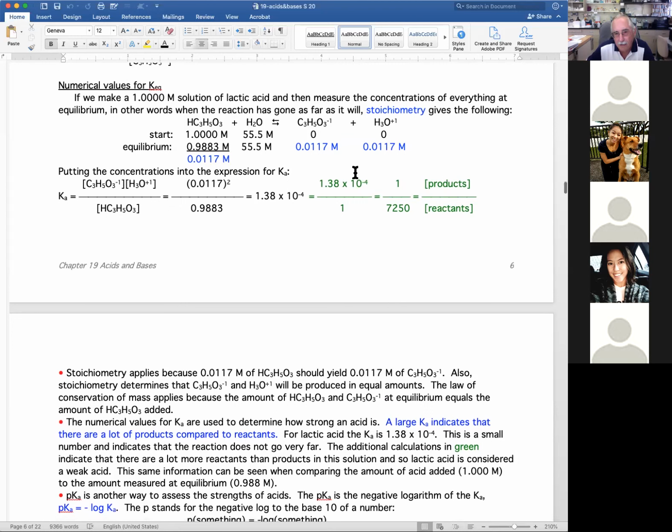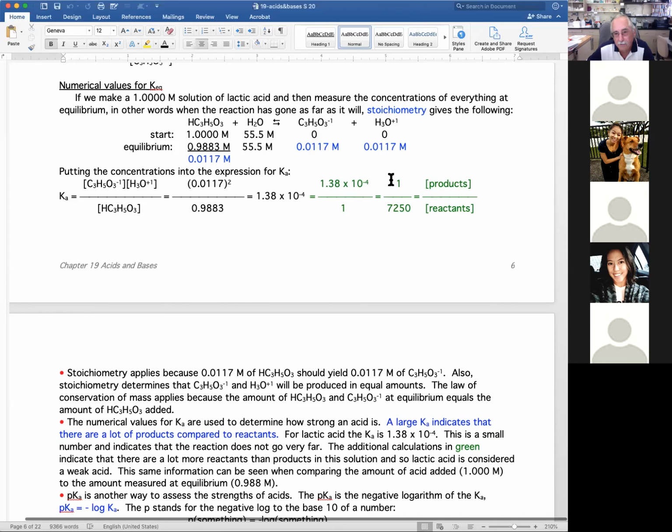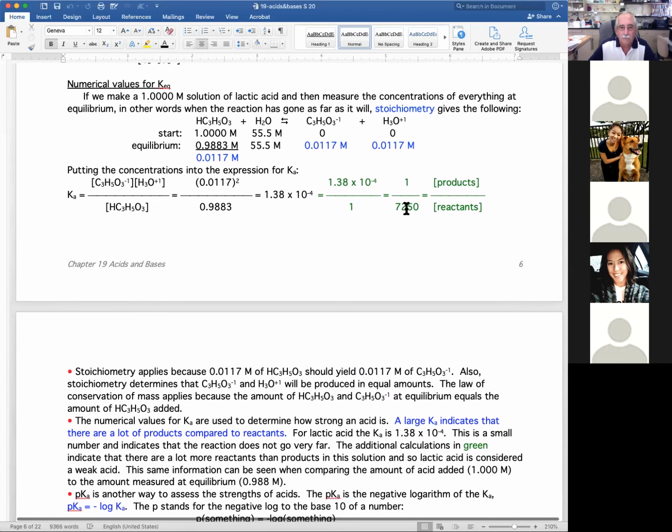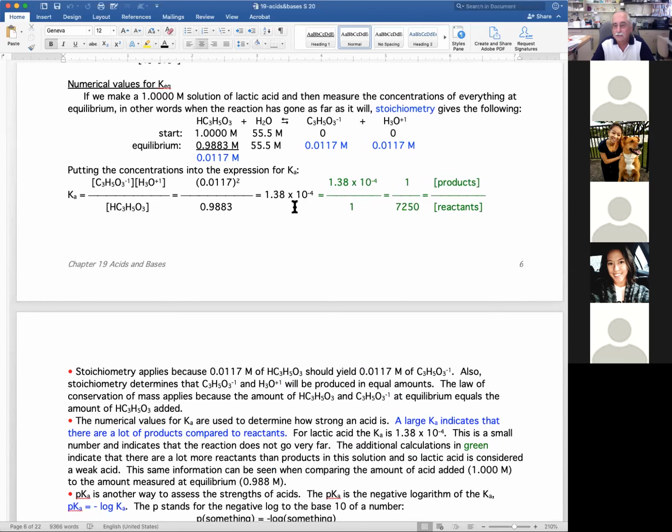So if I divide 1.38 times 10 to the minus 4 by itself and then divide this by 1, I get this. What that really means is that for every 1 product that you form, you have 7,000 something reactants left over. This small number right here means that the reaction didn't go very far. It means that lactic acid is a pretty weak acid.